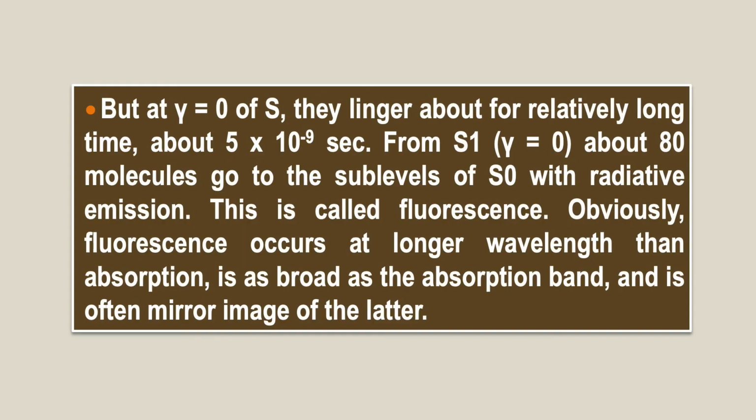In the triplet state, they stay for a long time, sometimes 20 microseconds, sometimes 20 milliseconds, sometimes even 20 seconds. It depends on the environment, whether it is in a solid state or at a lower temperature. There are so many situations. Usually, the triplet state is a metastable state with a long lifetime.